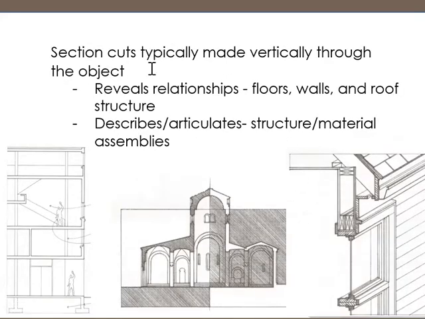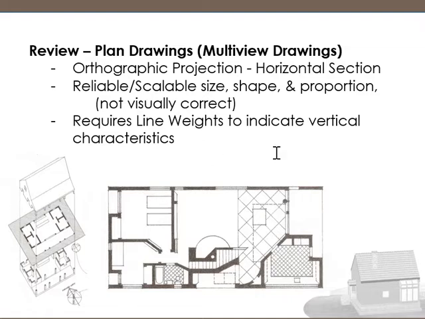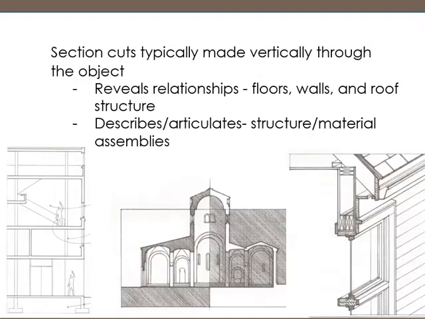So sections are typically made vertically. Now, when we do the sections horizontally, that's what we had back when we had our floor plan, right? That was a horizontal cut. But when we're doing a building section, we are cutting through them vertically.